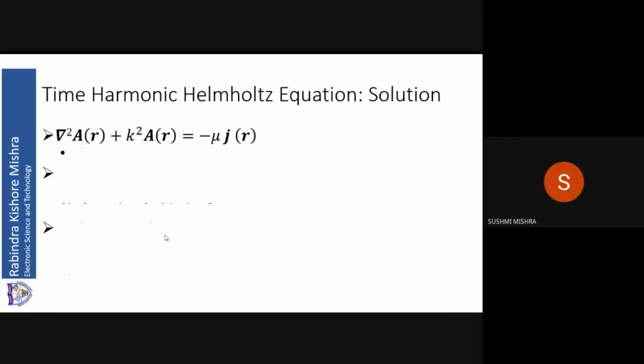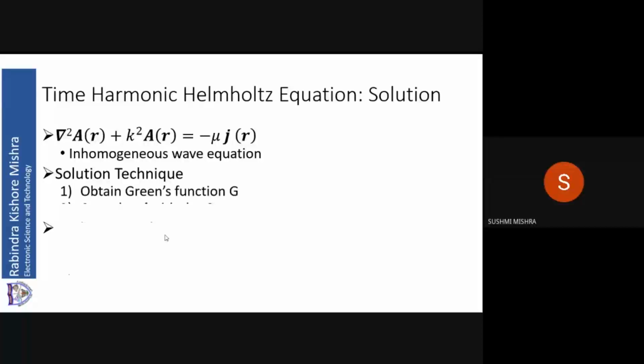So let us look at how we are going to solve this differential equation. This is the differential equation which is at our hand. It is an inhomogeneous wave equation, and we are going to solve this inhomogeneous equation. What is the technique for that? First thing is obtain the Green's function, or the G. G is called the Green's function for this.